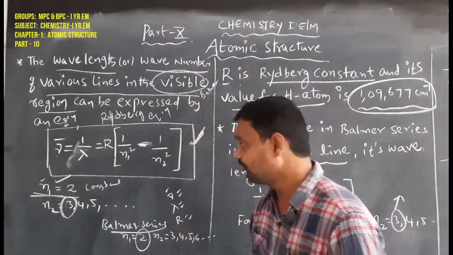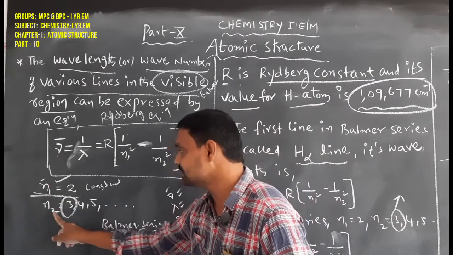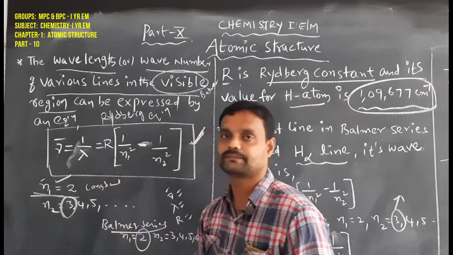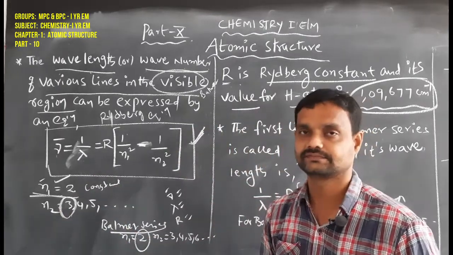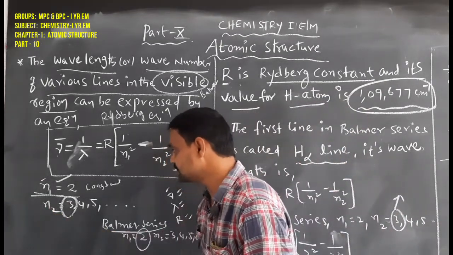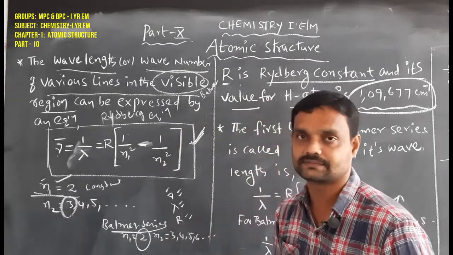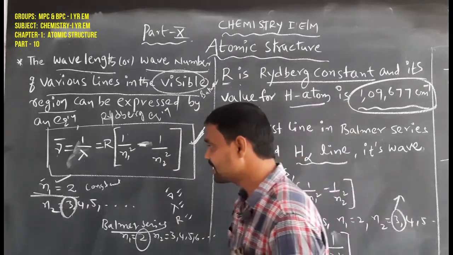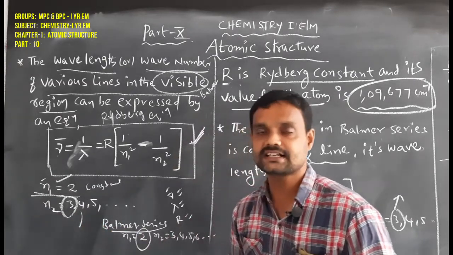For the Balmer series, if we take n2 equals 3, that is called the first line in the Balmer series. If we take n2 equals 4, that is called the second line.